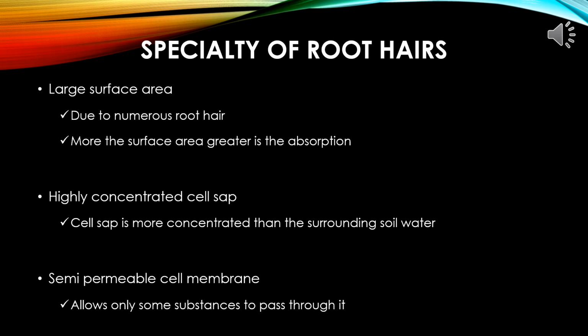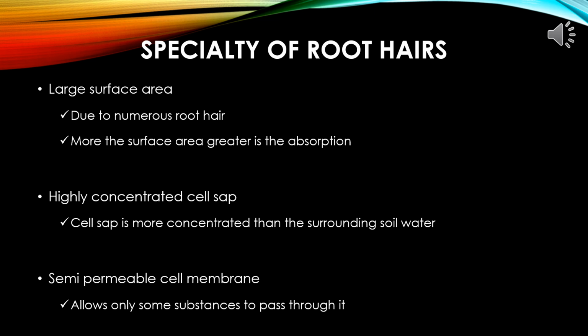So the root can absorb water from the soil easily. That is, the water moves from the area where it has more water to the area where it has less water. So the soil water enters into the root hair because the root hair contains very little water.